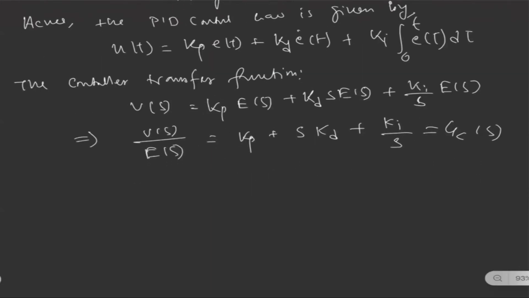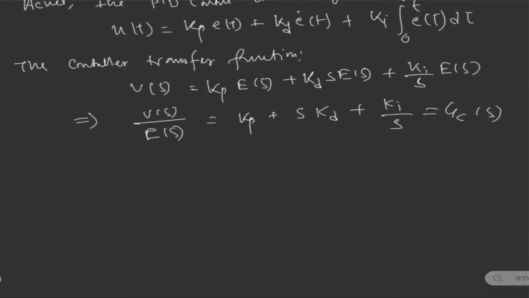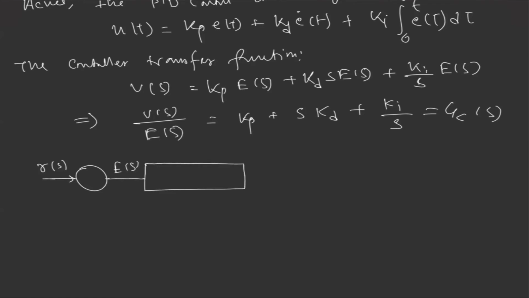And if you see the closed loop control structure, we have the reference signal R of s. We have the error from this summing point. We have the controller here, Kp plus s Kd plus Ki divided by s, and the output from this block we can write as U of s.